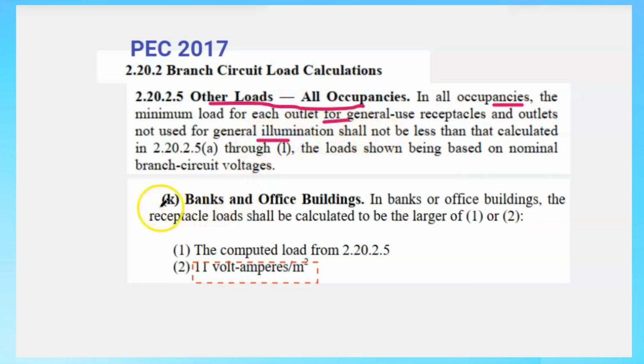Letter E is for banks and office buildings. So in banks or office buildings, the receptacle loads shall be calculated to be the larger of the computed load, or number 2, that is 11 volt-amperes per square meter. So this is the value we will use to determine the number of outlets.